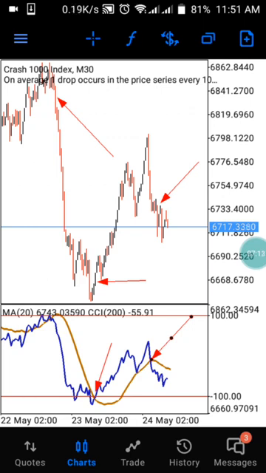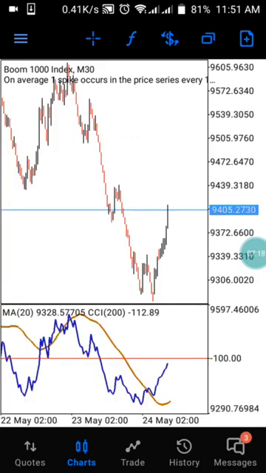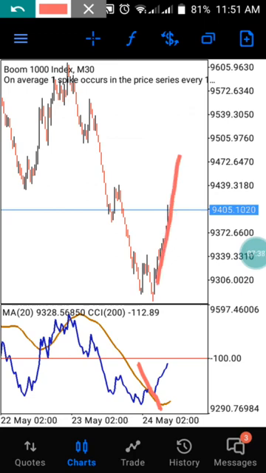So this strategy also works on Boom 1000, also on 30-minute time frames. So what you just need to do on 30-minute time frames is anytime we are having our yellow line that is crossing over the blue line on an uptrend, we are going to be having a downtrend. And anytime we are having our yellow line that is crossing on a downtrend, we are going to be having an uptrend.